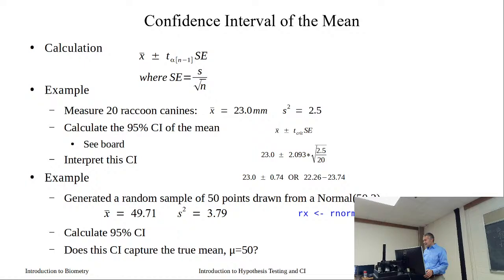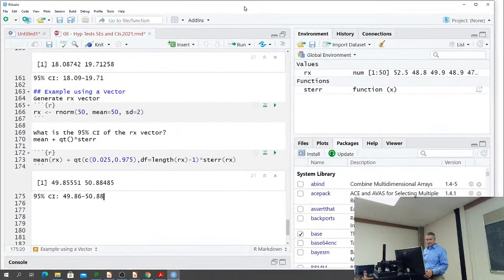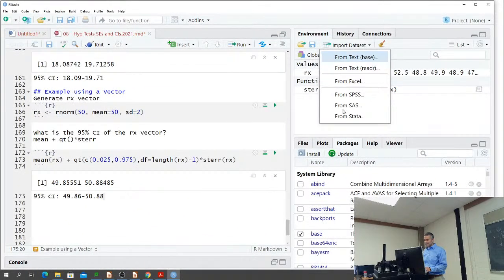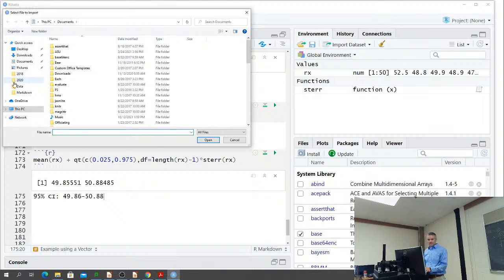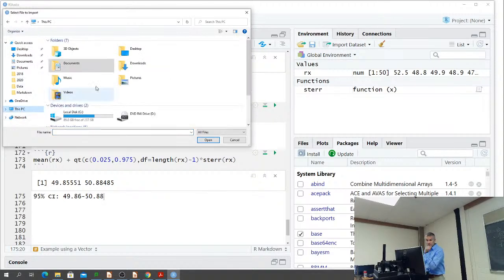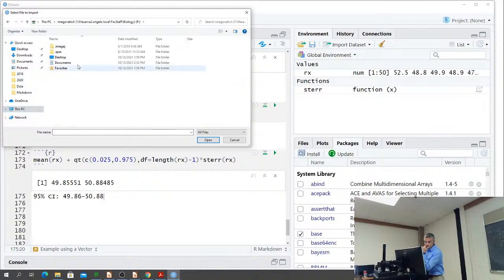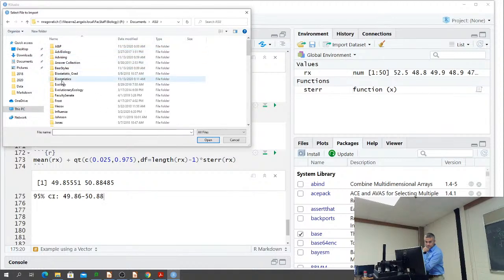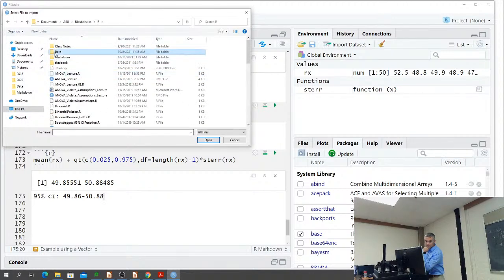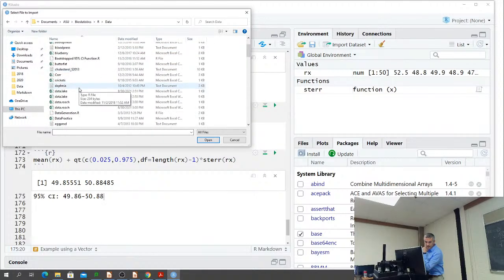So, I'm going to import a data set, one that we've used. Let's go to our data.